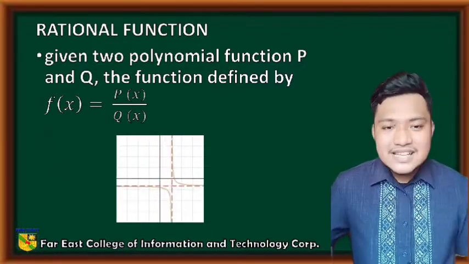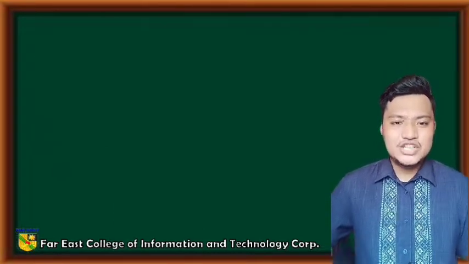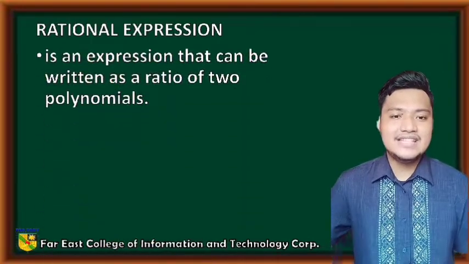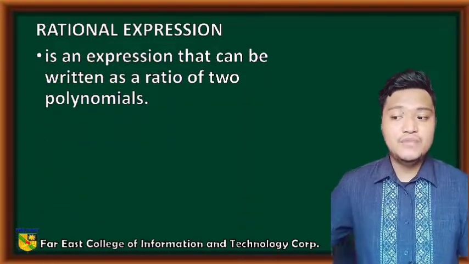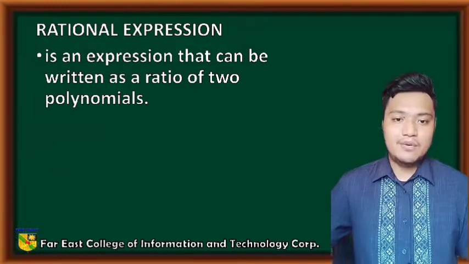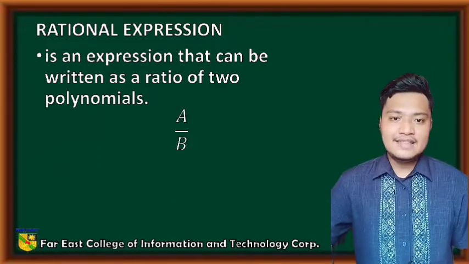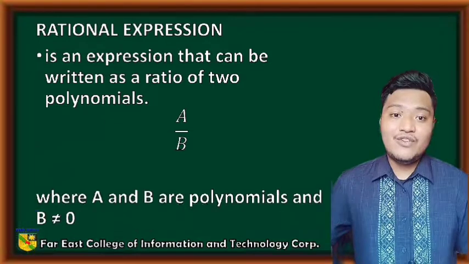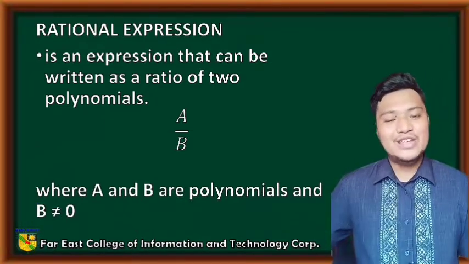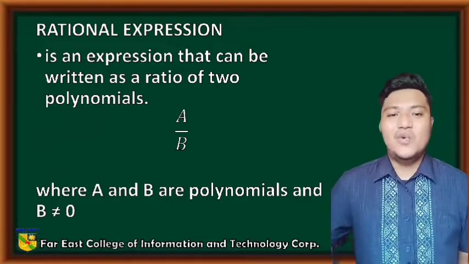Let's talk about what is a rational expression. When you say rational expression, it is an expression that can be written as a ratio of two polynomials, A over B, where A and B are polynomials and B is not equal to 0.